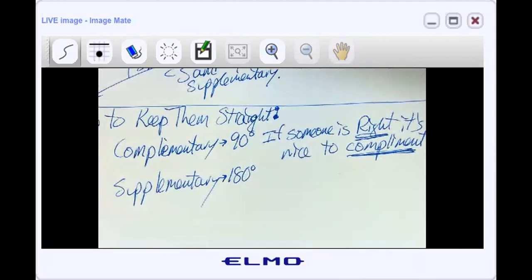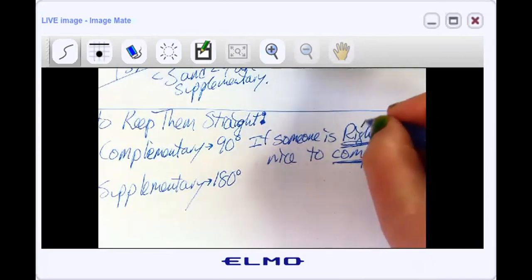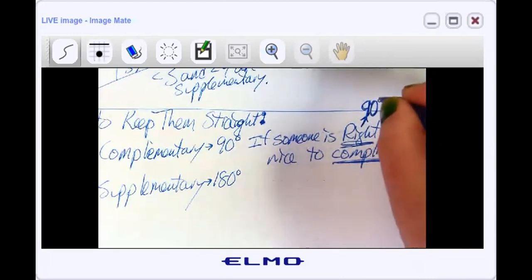So hopefully you're seeing the correlation here. Right is another name for a 90-degree angle, right? So that's where your 90 comes from.